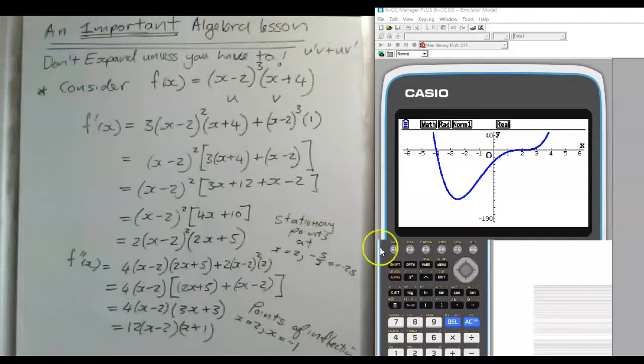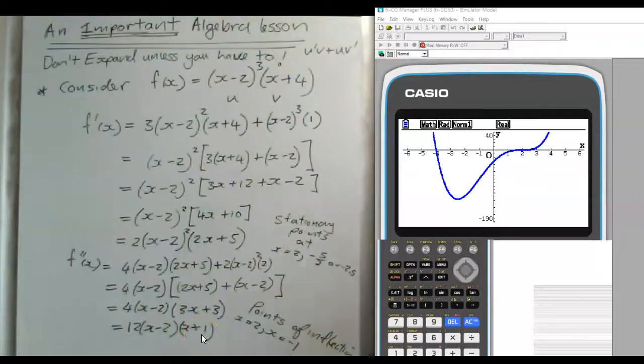This is why I draw the graphs first. So we've got the point of inflection at x equals 2. That's obviously stationary, and we've proved it's stationary because 2 is also a stationary point of f dash of x. It came up as a factor here and as a factor here, so we know that's a stationary point of inflection.